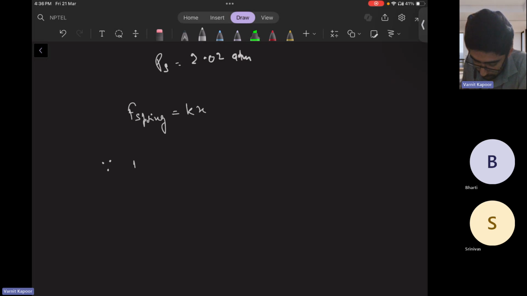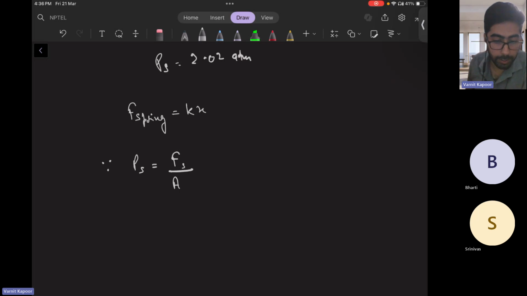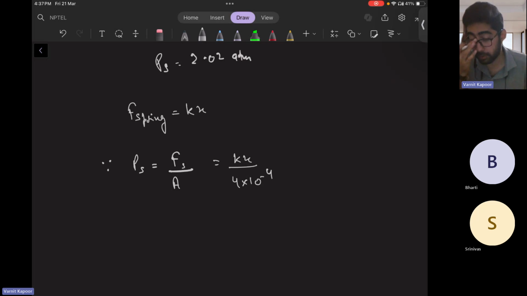The pressure of the spring is the force of the spring divided by the area. The area is given as 4 centimeter square, so that is kx divided by 4 times 10 to the power of minus 4 meter square. And k is given as 100 Newton per centimeter, so it will be 10 to the power of 4 Newton per meter.